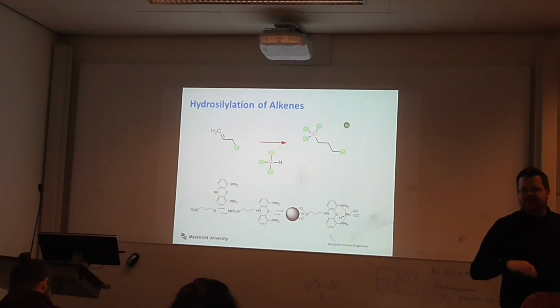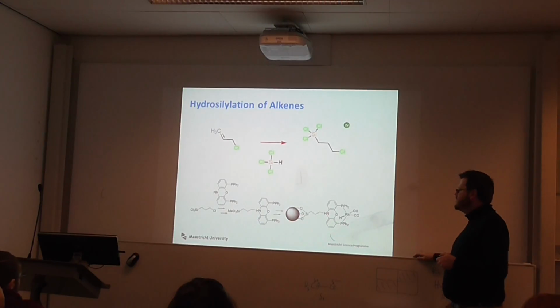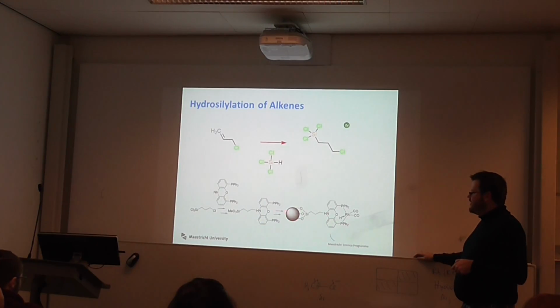Well, it's an exceptionally important process, but I just want to highlight this one nice example here, where you can employ hydrosilylation to attach catalysts to silica surfaces in a process of adsorption. So, to make that guy there, of course, you need to employ hydrosilylation, something like that.